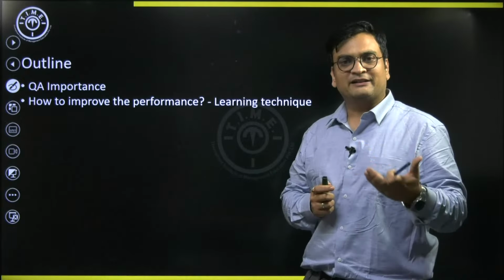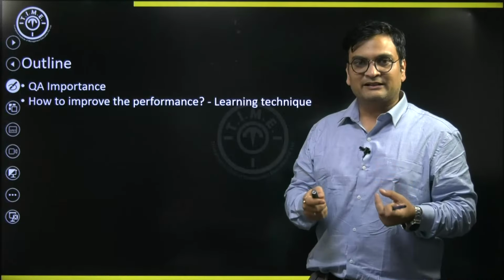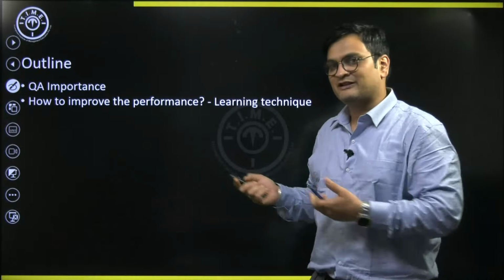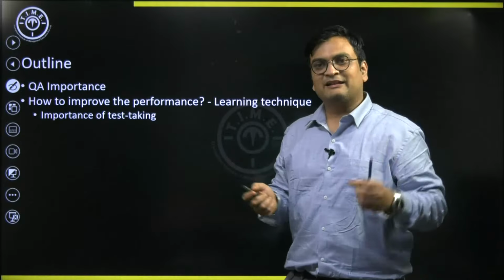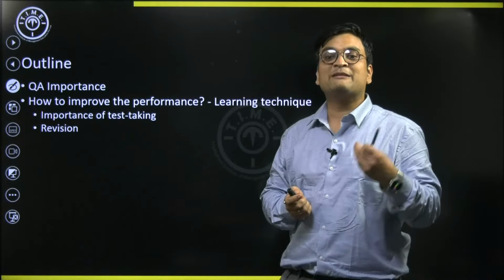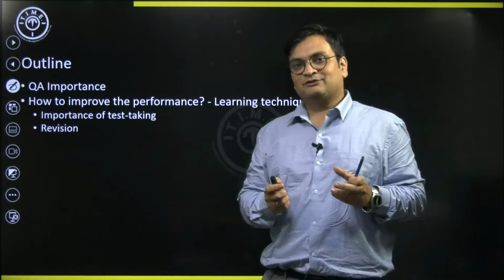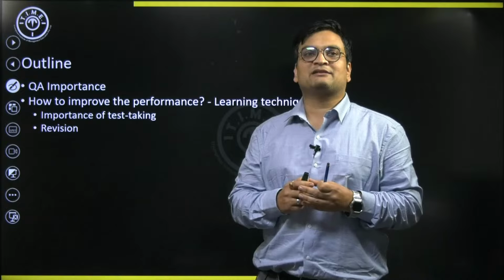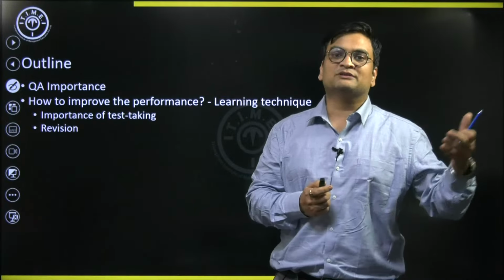For example, in VA, verbal ability, a lot of reading is involved. So similarly, here, what exactly is involved, we shall be talking about that. Under this heading, we'll also be talking about the importance of test taking and also the very important revision. Math or quantitative ability is one of the most commonly dreaded subjects that students had in school, right?